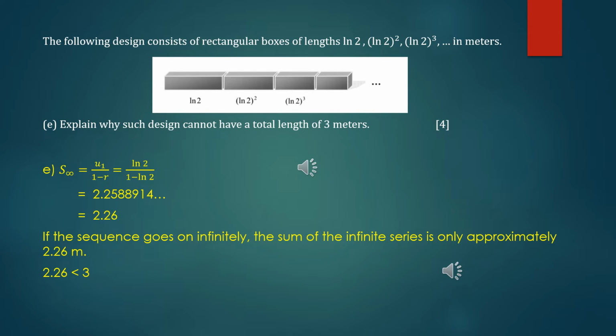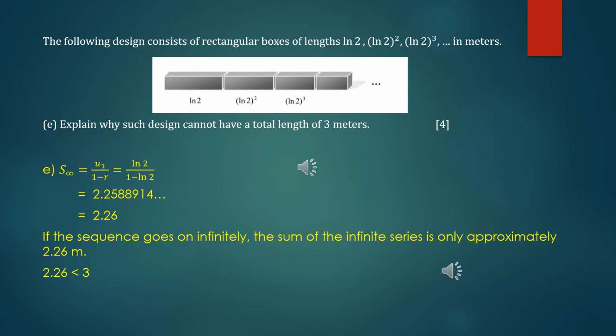Your calculator will display something like 2.2588914 and so on, depending upon the setting in your calculator. If you round this off to three significant digits, our answer is 2.26. So even if the sequence goes on and on, the sum will have only a maximum approximately equal to 2.26, and 2.26 is less than 3 meters. Therefore, it cannot really reach 3 meters.